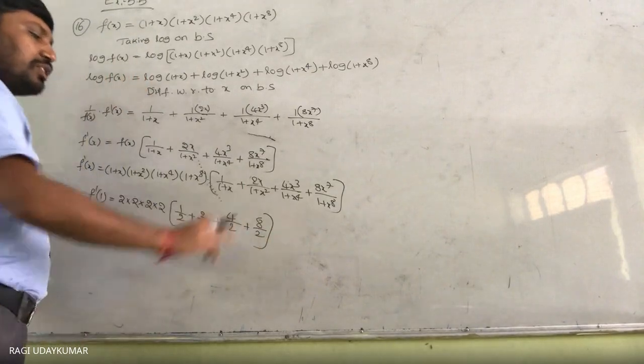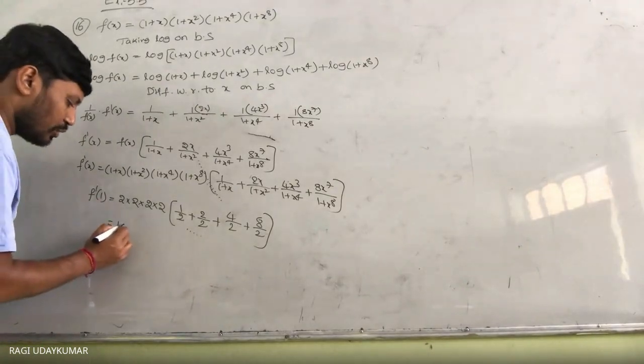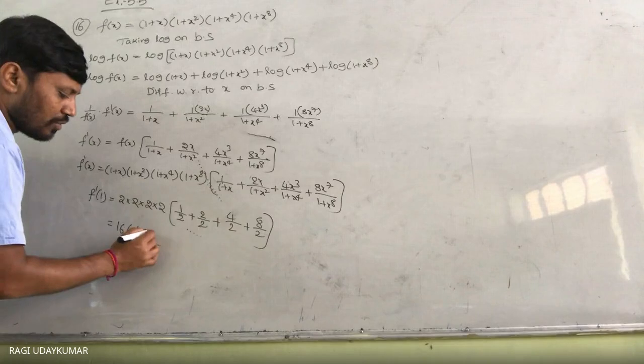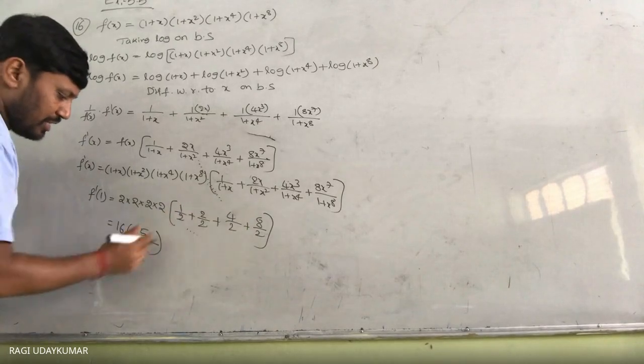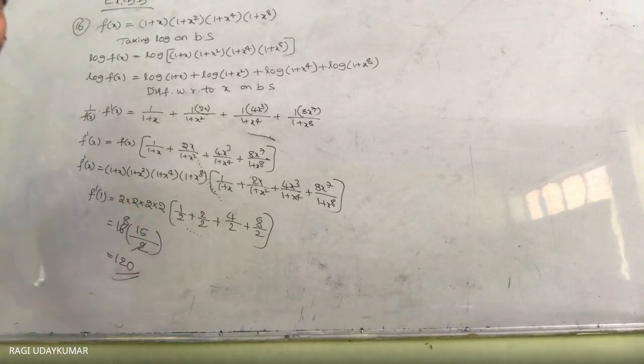Don't simplify it because the denominator is 2. Let it be like that only. This is equals to 16 we are going to get, and denominator 2, 8 plus 4, 15 we are going to get. 2 ones are 2, 8 15s are 120. So 120 is the final answer for this.